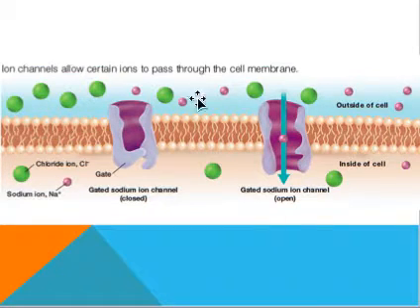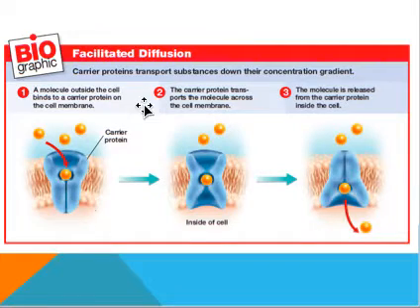That also goes from an area of high concentration to low concentration, just not through the cell membrane, through a channel. Then there are carrier proteins that also help with that. It's not just a straight shot. It has to be grabbed and held and carried and pushed to the inside, but if you look at this picture, it's still high concentration to low concentration. So it's all still diffusion.